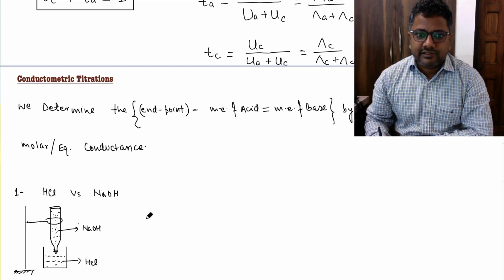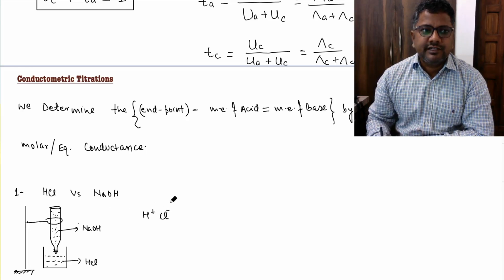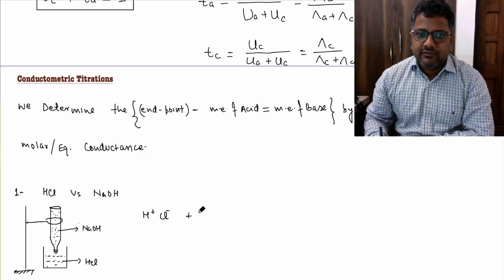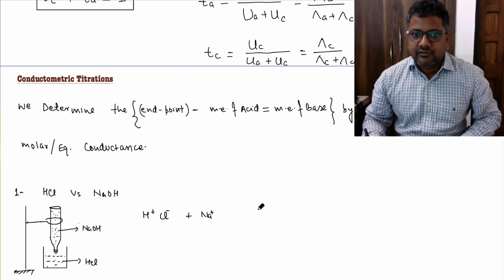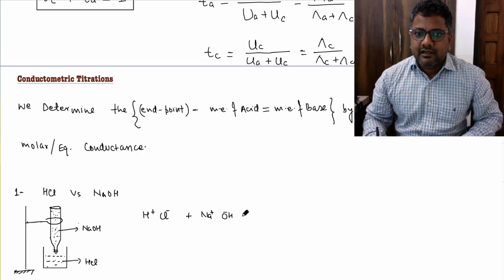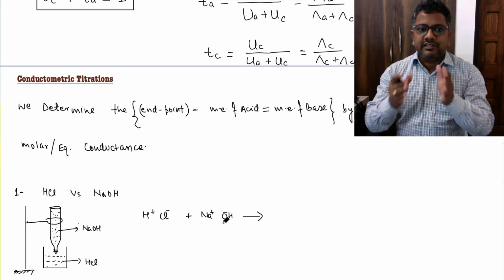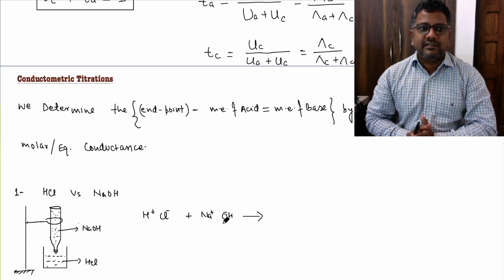Now see, when you add this, you have excess of HCl. So the HCl solution is fully dissociated, a strong electrolyte. When you add a small quantity of NaOH, NaOH is also a strong electrolyte, so it is also dissociated. Now, when you add this quantity in the limiting amount, what change is taking place inside the beaker? You have to visualize that.